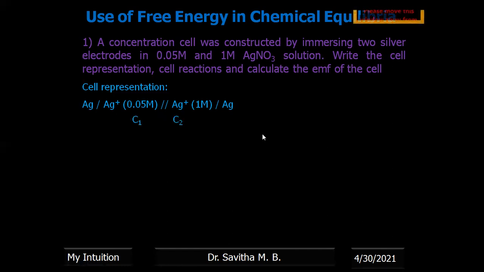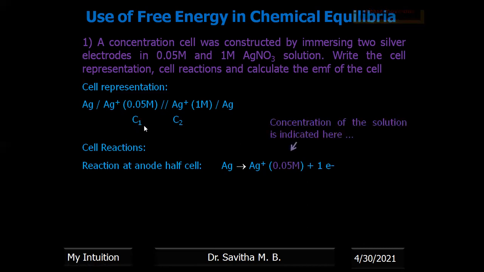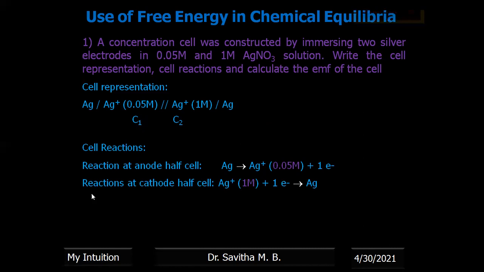Now, writing the cell reactions. For convenience, we are taking the higher concentration as C2 and the lower concentration as C1. The cell reaction at the anode compartment is Ag getting converted into Ag plus of 0.05 molar plus 1 electron, because 1 electron is lost. At the cathode, Ag plus of 1 molar is getting converted into Ag.